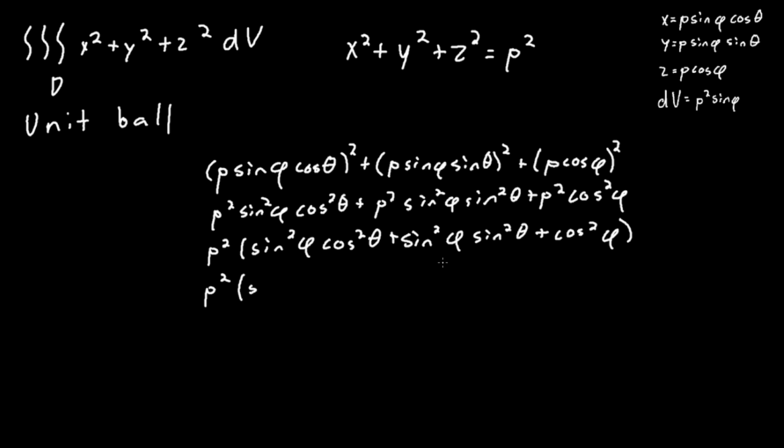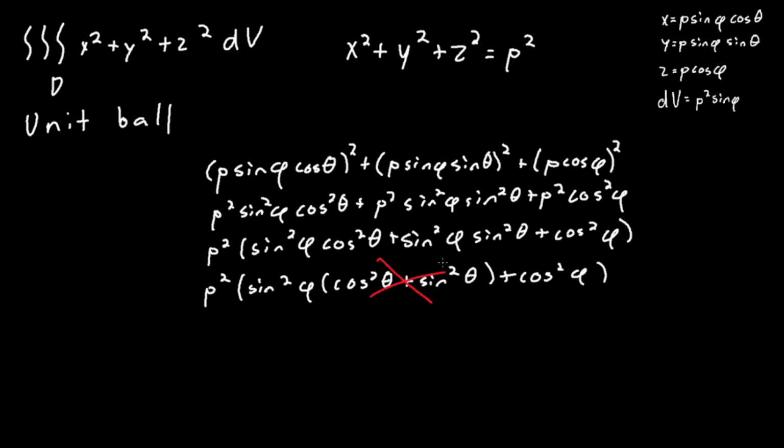If you factor out a sine phi from everything only in the first two terms of your equation, you end up getting something that looks like this. Cosine squared theta plus sine squared theta. This just equals 1.